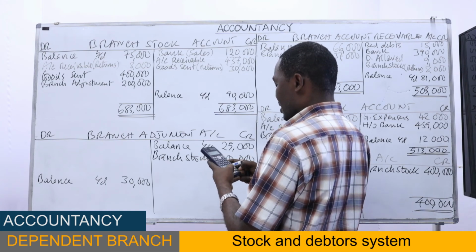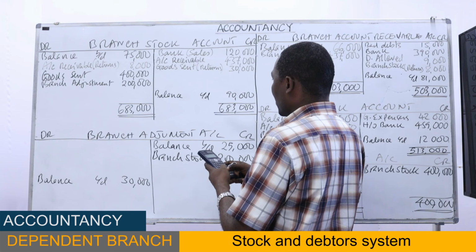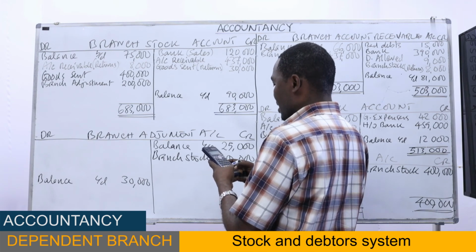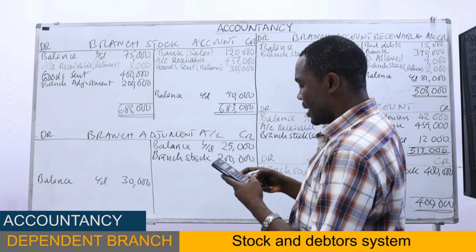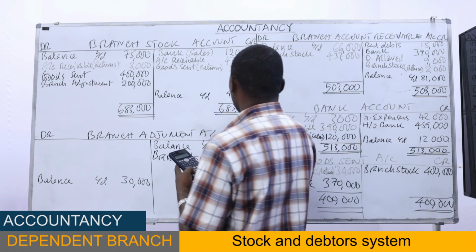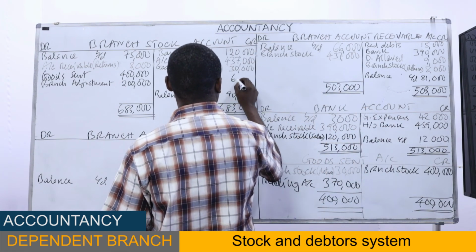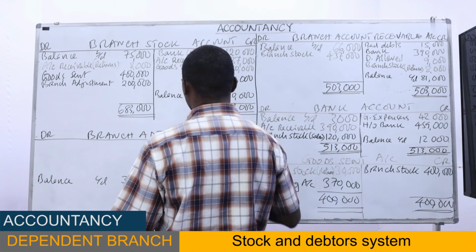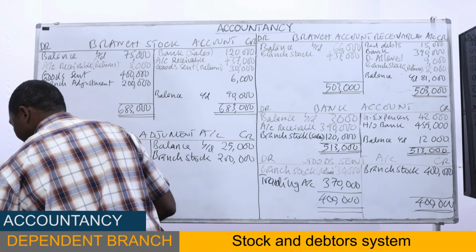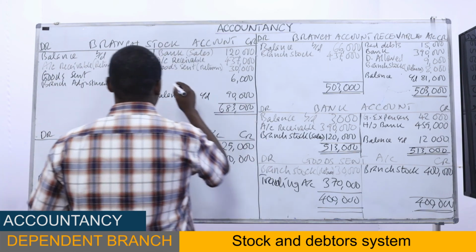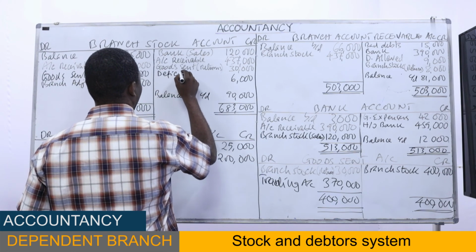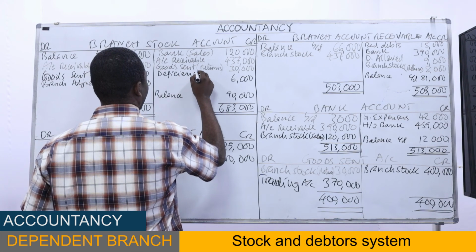Less 120, less 437, less 30,000. Yes, we have 90 here. Less 90. Okay, so we have 6,000. That was the deficiency.